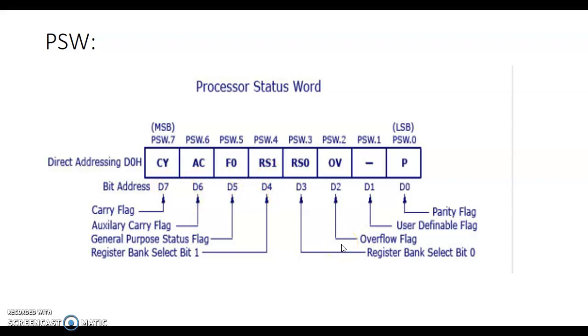All these bits are also called as PSW.0, PSW.1, PSW.2, PSW.3, PSW.4, PSW.5, PSW.6, PSW.7, and each bit has certain function. Let's discuss all these bits one by one.